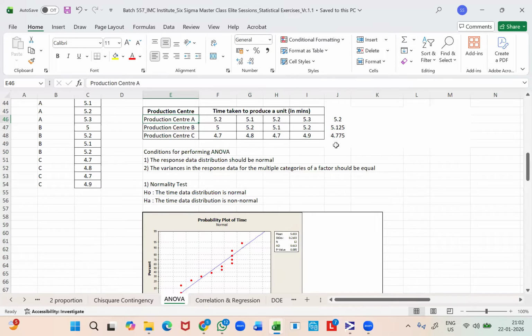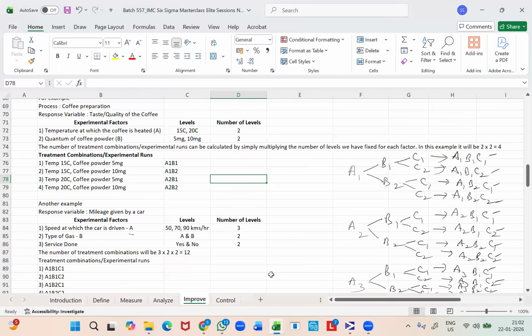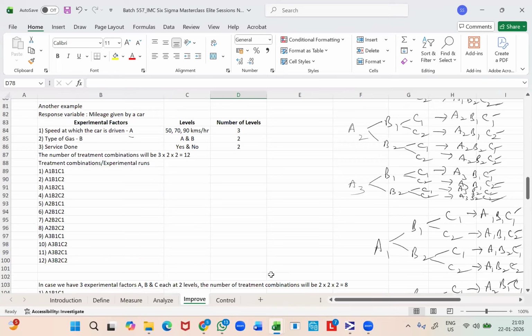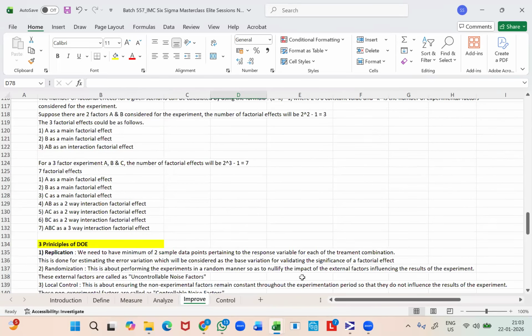So in order to estimate the error variation, we need to have a minimum of two sample data points. With just one single data point, we will not be able to quantify the variation metric, right? So we need a minimum of two sample data points in order to quantify the variation metric, and hence we need a minimum of two sample data points for each of the treatment combinations.